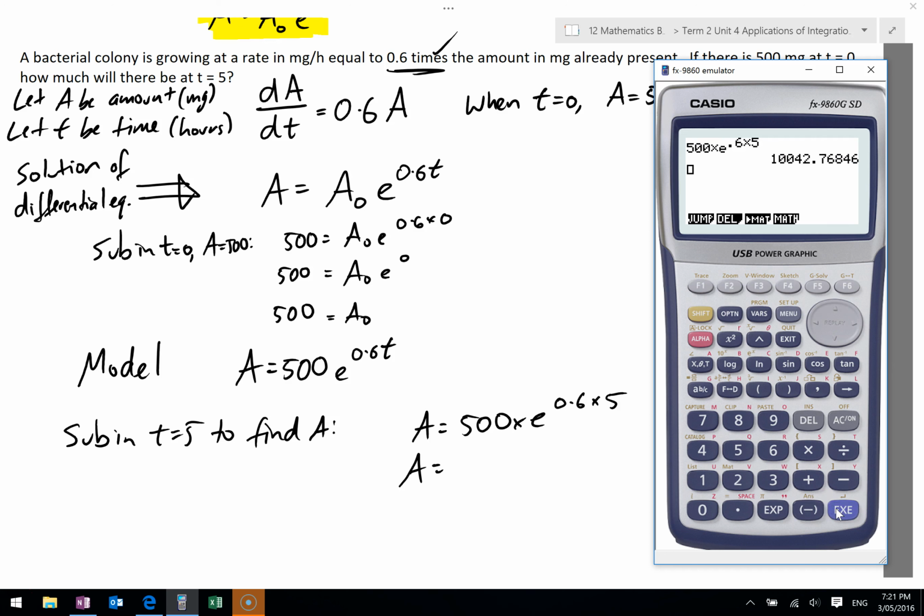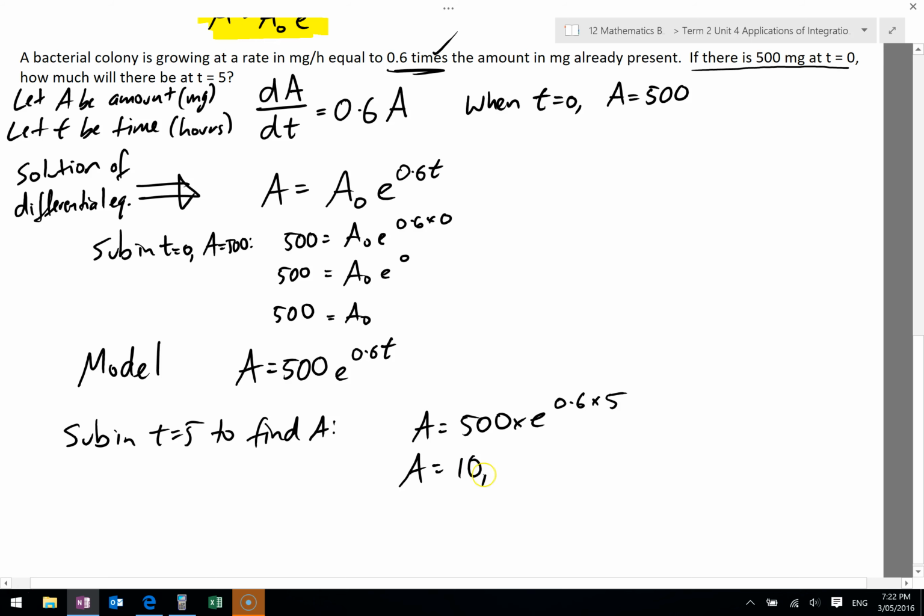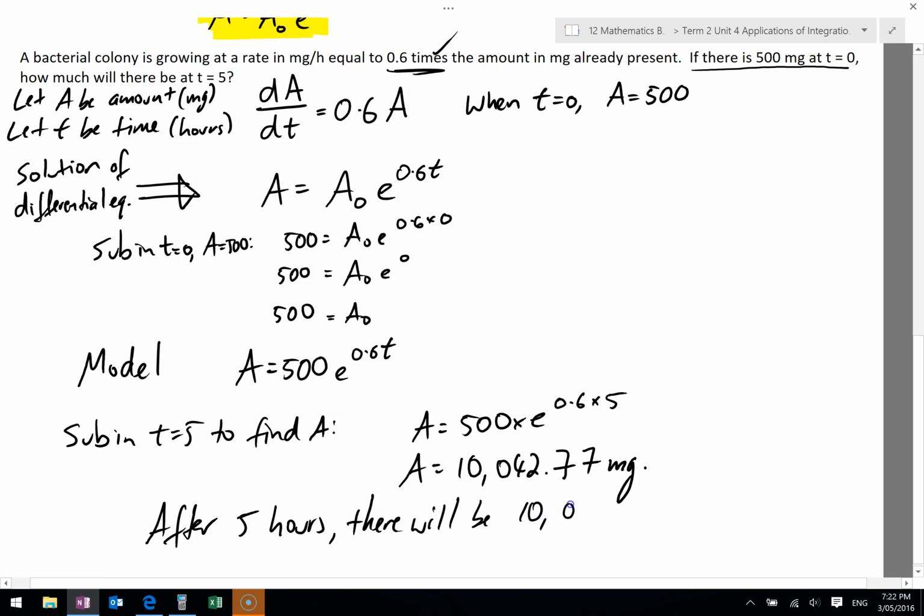That gives 10,042.77. So after 5 hours, there will be 10,042.77 milligrams, or about 10 grams.